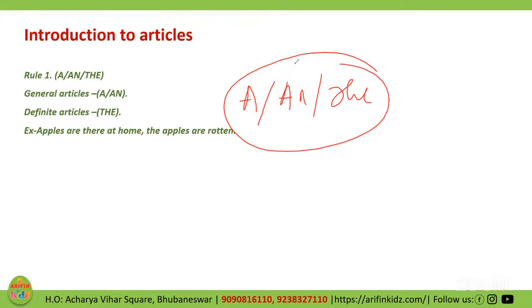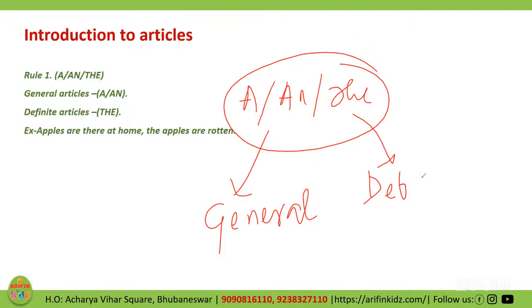Out of which a and an are general articles, and the is called the definite article.